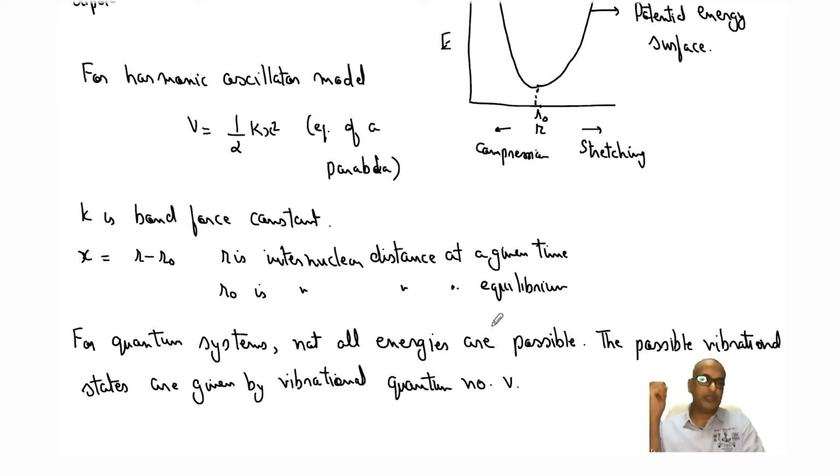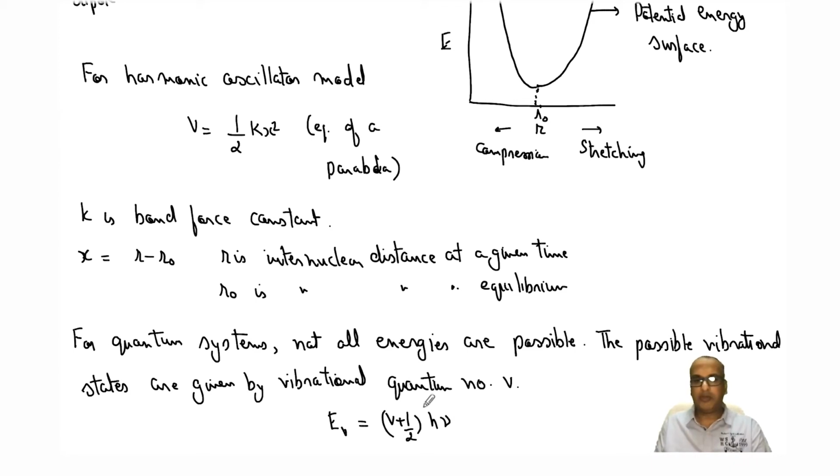Okay. So this is v, and then energy of a particular vibrational state will be given by Ev is equal to v plus half into h nu.